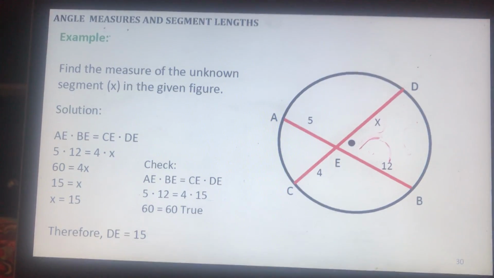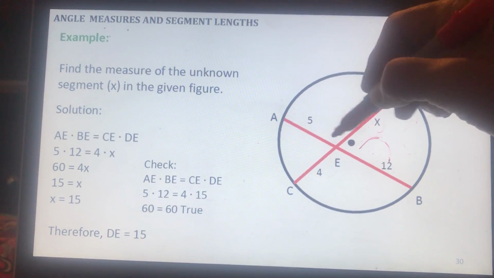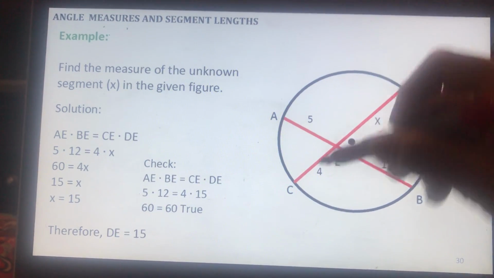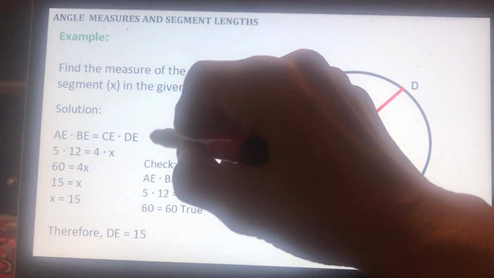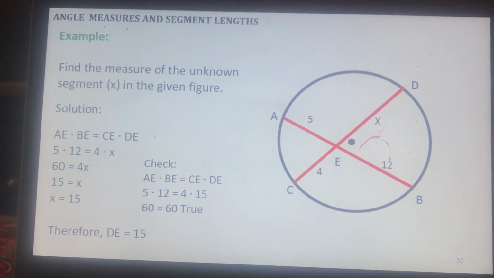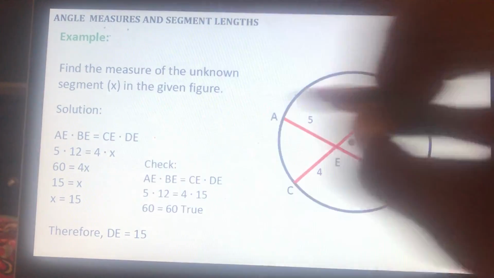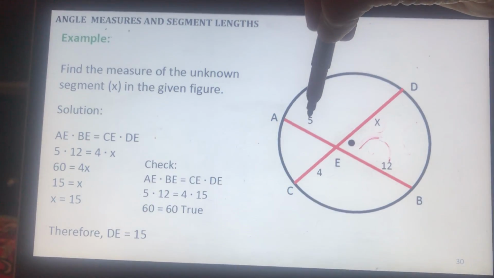Now we use our chord rule, which states that AE times BE is going to be equal to CE times DE. Here we set up our equation according to our chord rule. Next, we simply substitute the values. The distance from A to E is equal to 5.